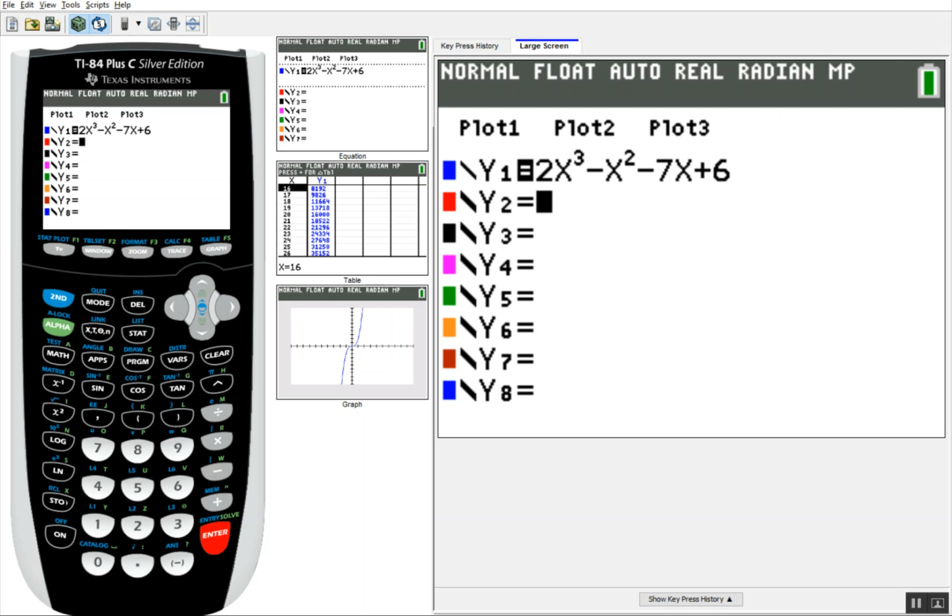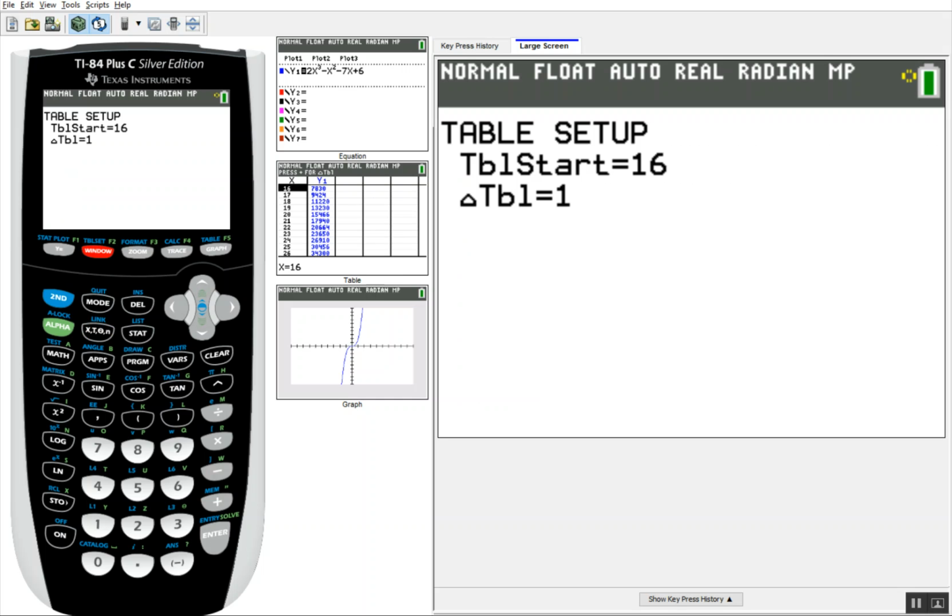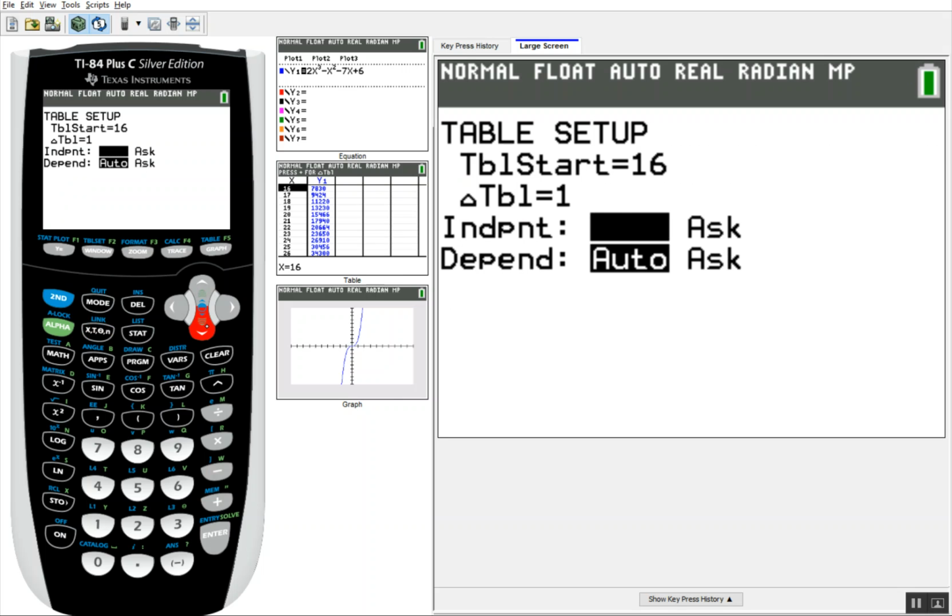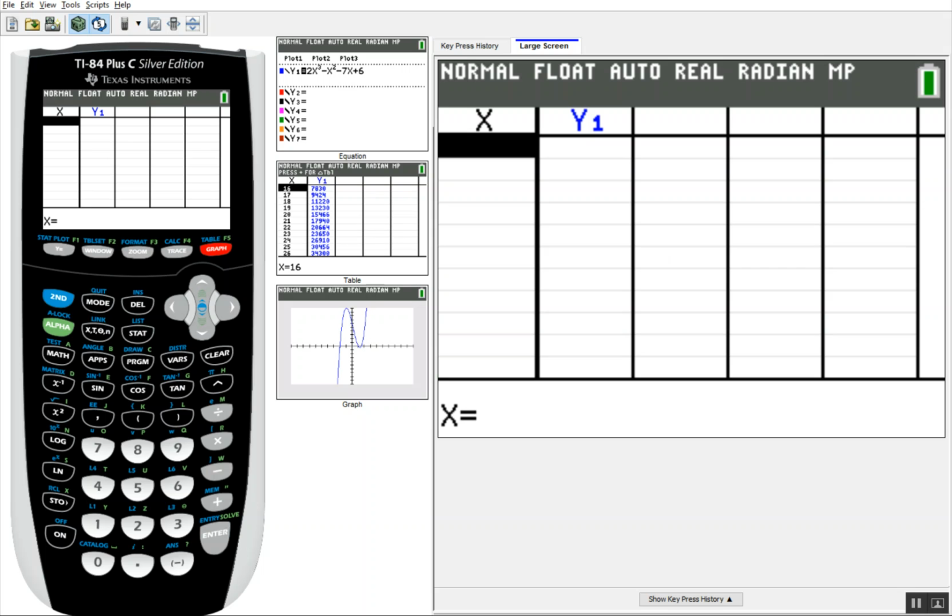Now before we go to table, let's go again to table set, and this time we're going to set the independent to ask. And now, since we set independent to ask, we do not have to worry about table start or delta table, because now when we go over to the table function, we're going to be able to plug in our own numbers. So go to second table, and notice now that everything is blank.